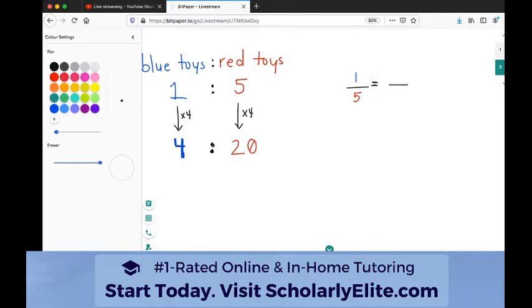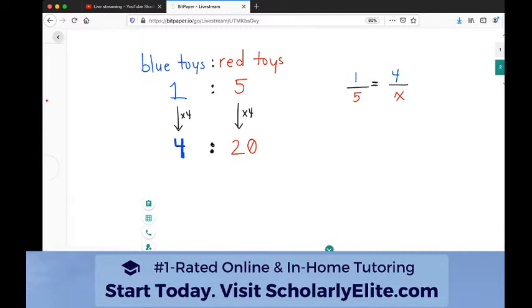Then how can I solve for that same thing using a fraction? Well, right now I'm going to call the answer to this x because we don't know what it is. So I want to solve for this.